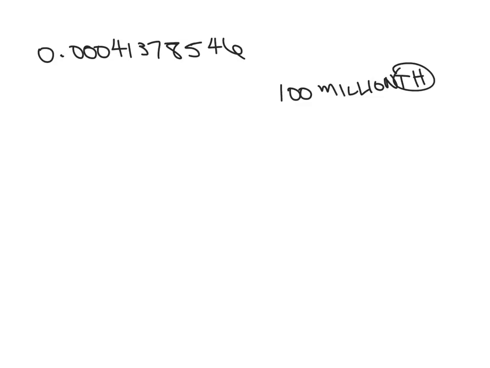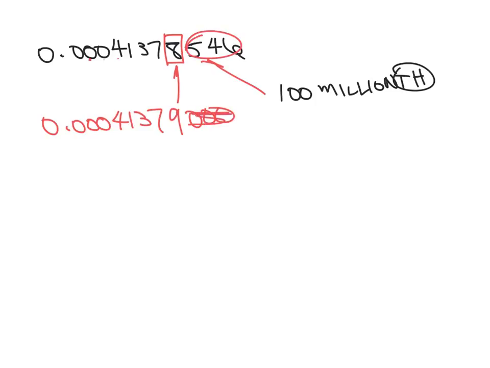So where is the 100 millionth? 10, 100, 1,000, 10,000, 100,000, million, 10 million, 100 million. So the 8 is our 100 millionth. Put a box or a circle around our 8, and then we look to the right. Is that number 5 or larger? It is. So this 8 changes to a 9. Everything else to the left of it is the same. Nothing ever changes to the left. Change the 8 to a 9, and these all change to zeros, or you just don't write them at all.